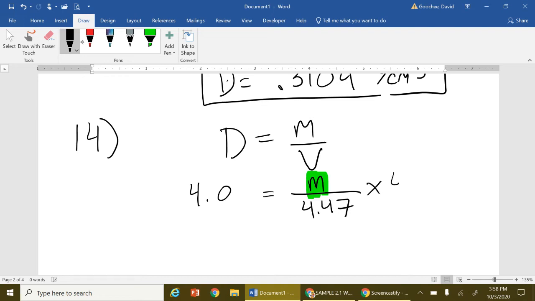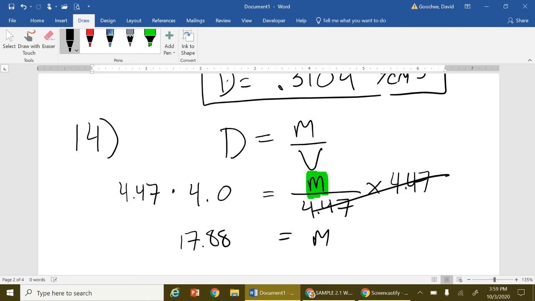Yeah, you multiply by 4.47 on both sides. All right, cool. So in that case, the mass is going to be equal to 4 times 4.47. The mass I got was 17.88. Now, what are the units here?